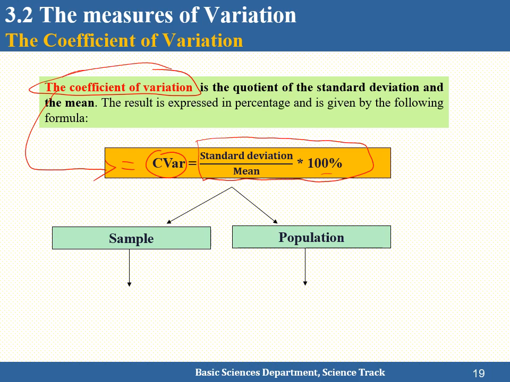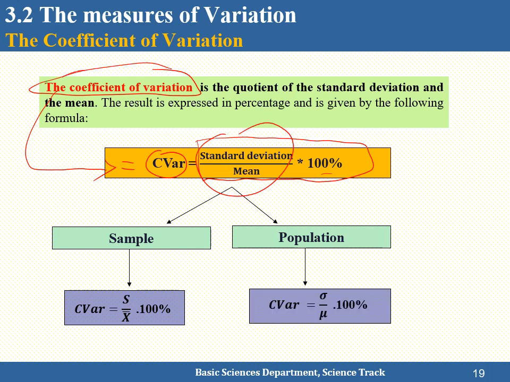You will write this quotient or ratio as a percentage. We can write this formula in terms of the sample standard deviation and sample mean, or the population mean and the population standard deviation. They are the same thing, except one is for the sample and the other is for the population.